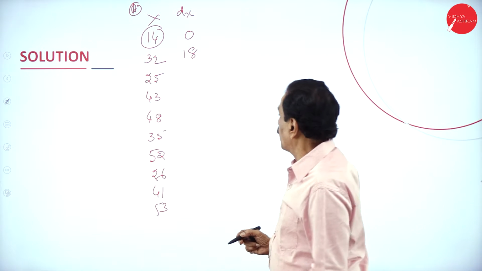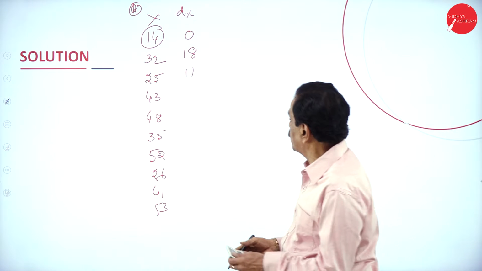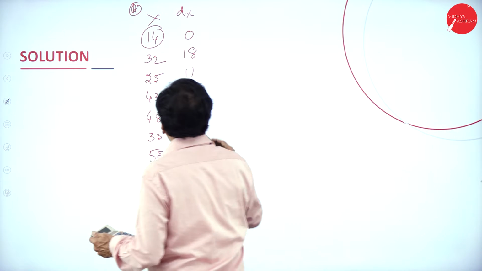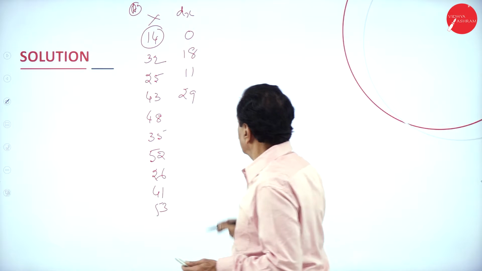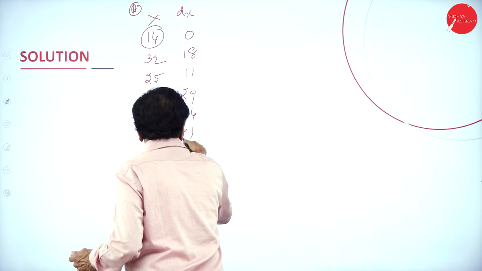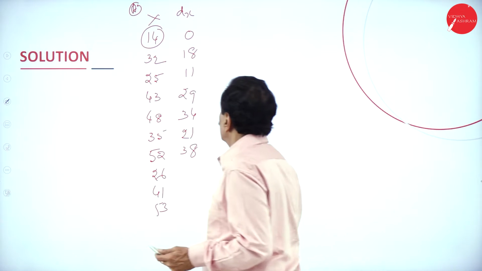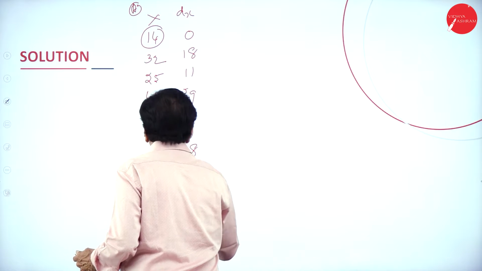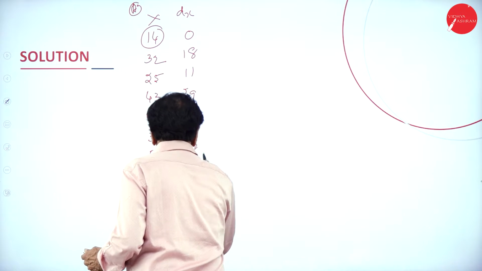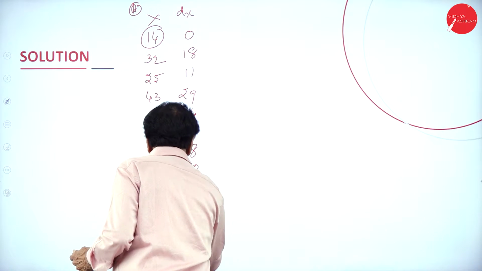18 is the difference for 32, 25 gives 11, 43 minus 14 is 29, 48 gives 34, 35 gives 21, 52 gives 38, 26 gives 12, 41 gives 27, 53 gives 39.